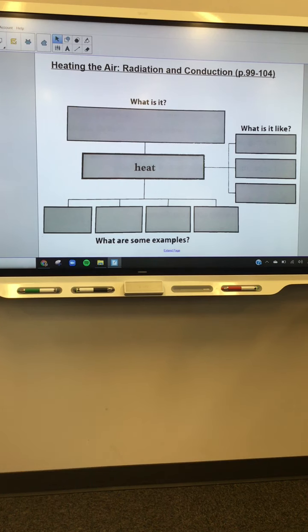Hot pizza burns your mouth. Some of the kinetic energy transfers from the pizza to your mouth when you touch it through conduction. The other one was not conduction, but radiation. The beach is hot because the sand and the water were warmed up because of the sun, and that goes to the air.